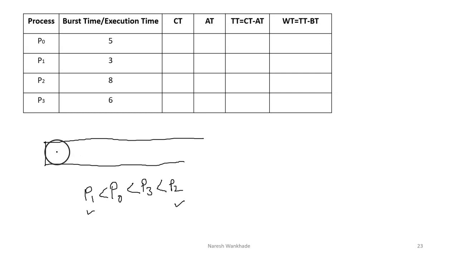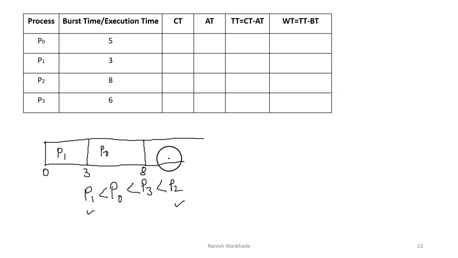Here the CPU will be assigned to the smallest process, that is P1. P1 will hold the CPU for 3 units. After P1 there is P0. P0 will hold the CPU for 5, so the total time is 8.